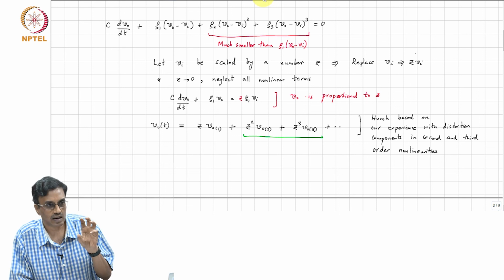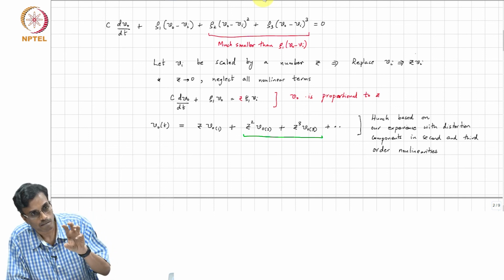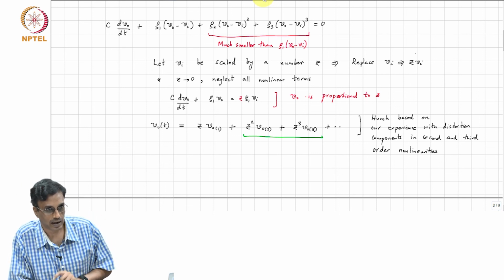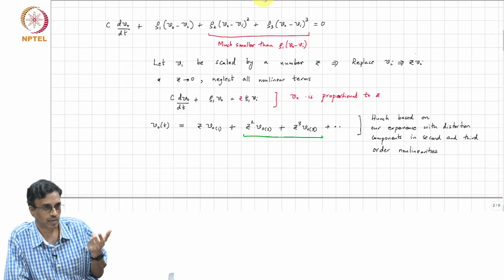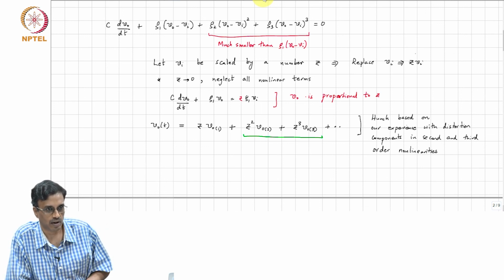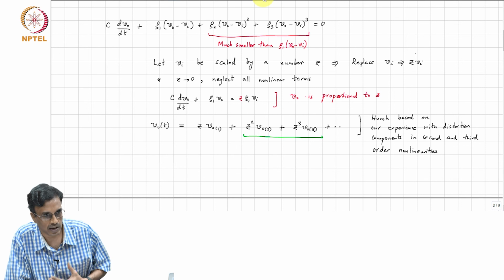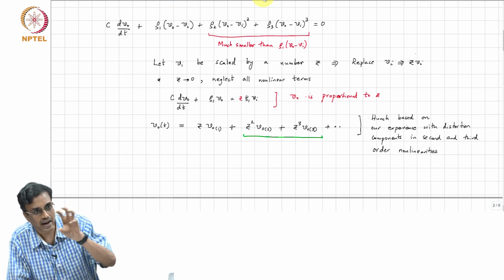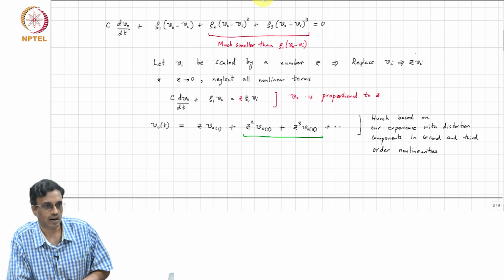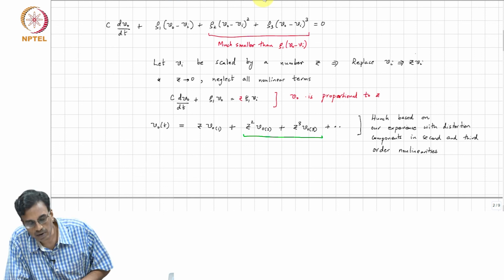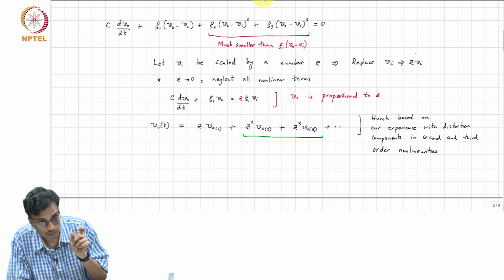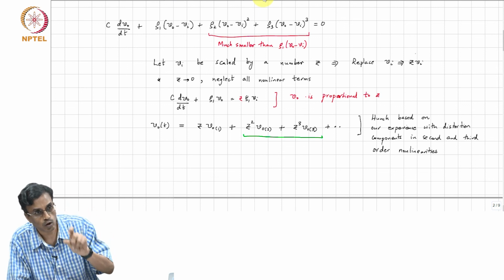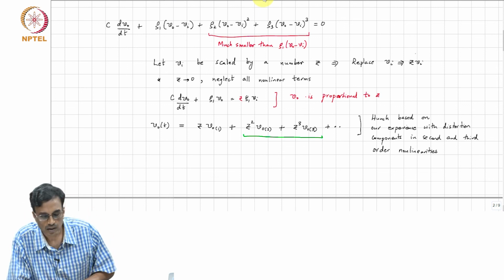Don't think that the error only needs to be at the second harmonic. For example, when we saw gain compression in an amplifier with third order nonlinearity, we saw that the fundamental also gets affected by a gain compression term. That gain compression term is proportional to A cube, correct.